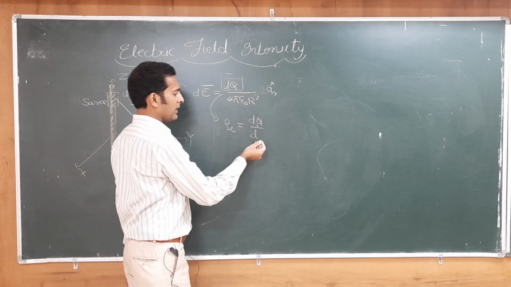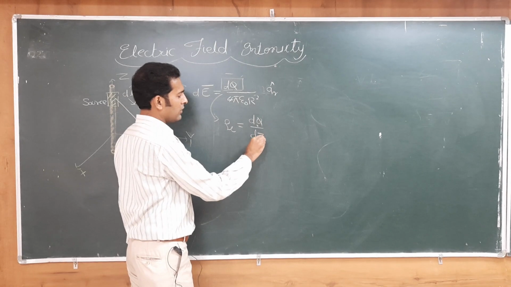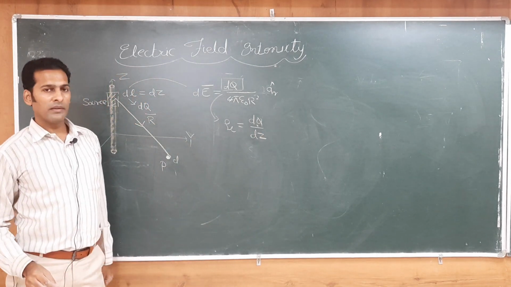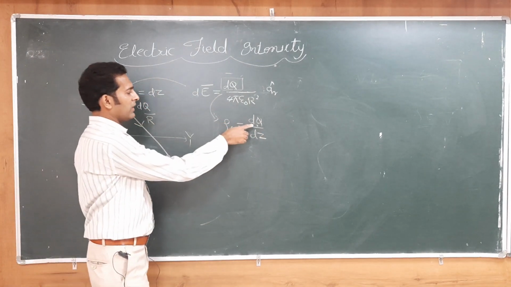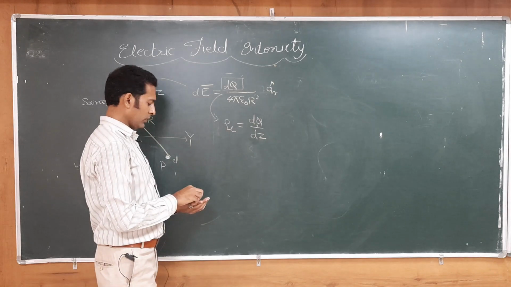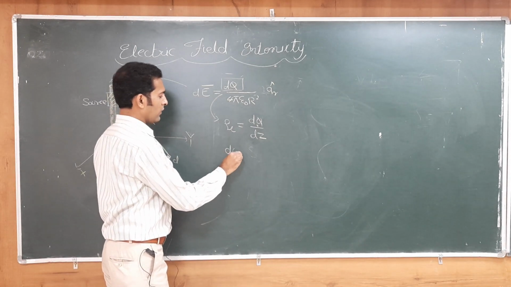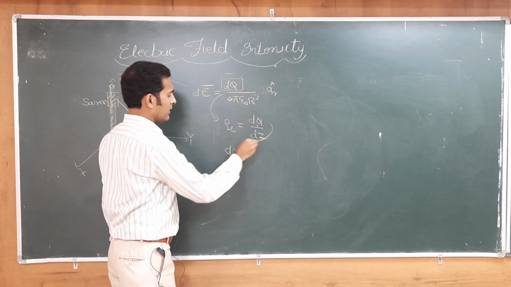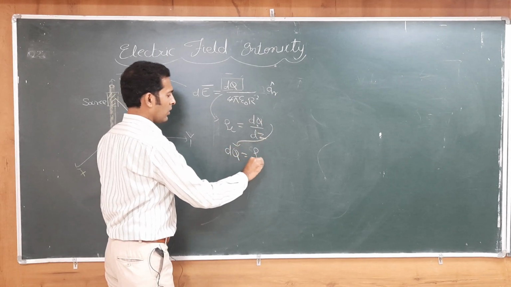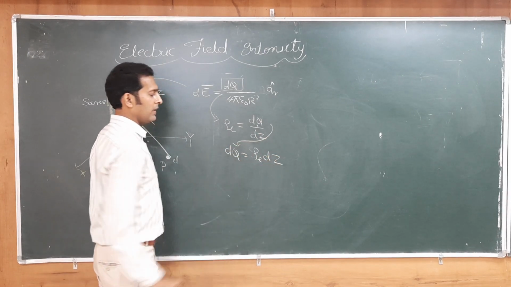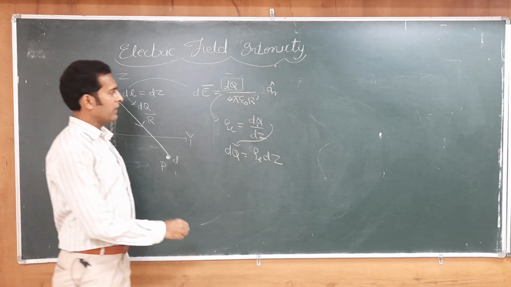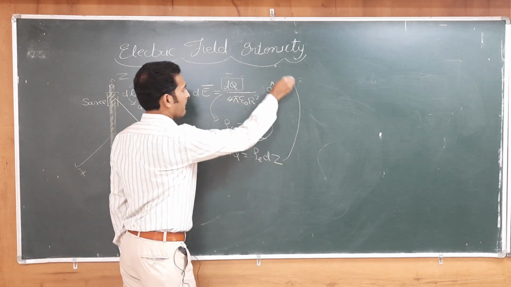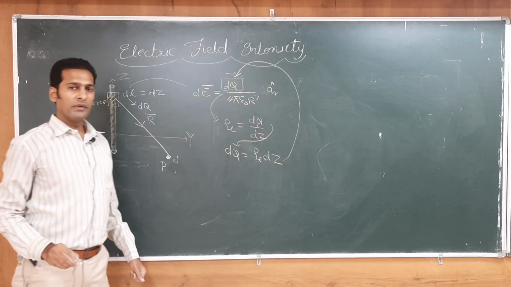The differential length is dl, which is again on the z axis, so we are writing it as dz. From this equation we can say dq is equal to rho L dz. So we can put this value in the place of dq.